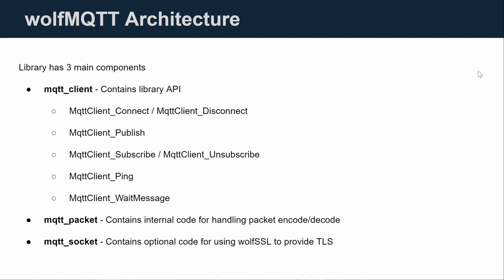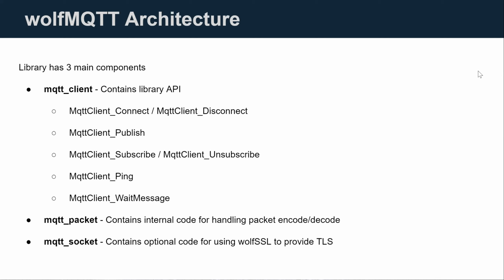So now I'd like to talk about our architecture a little bit. The wolfMQTT library is organized into 3 distinct components: the client, the packet, and the socket. The client contains the actual API functions listed here: connect, disconnect, publish, subscribe, unsubscribe, ping, and wait message.